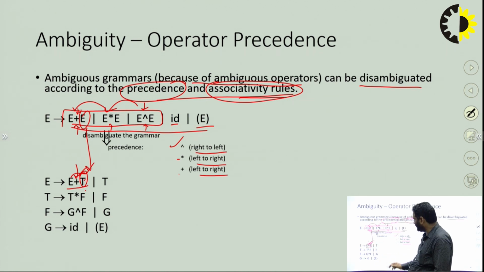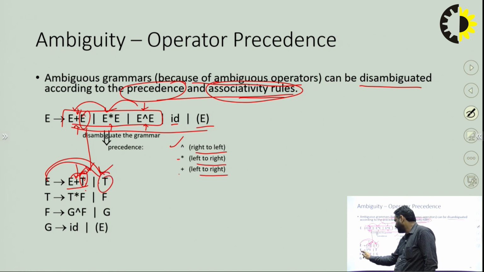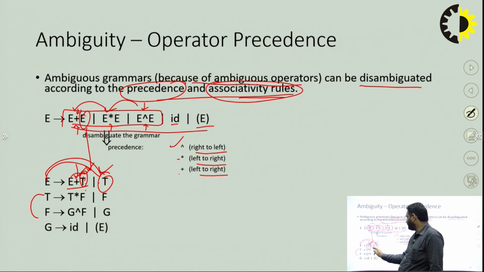So we use E gives T, and this E is converted into T. Now this can be converted to the next, that is T asterisk T, according to this one.